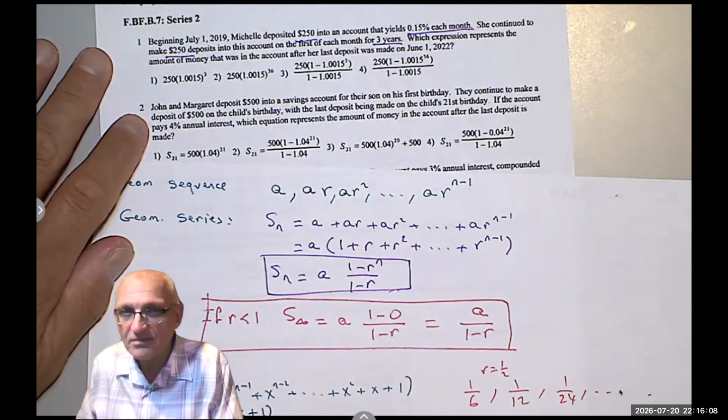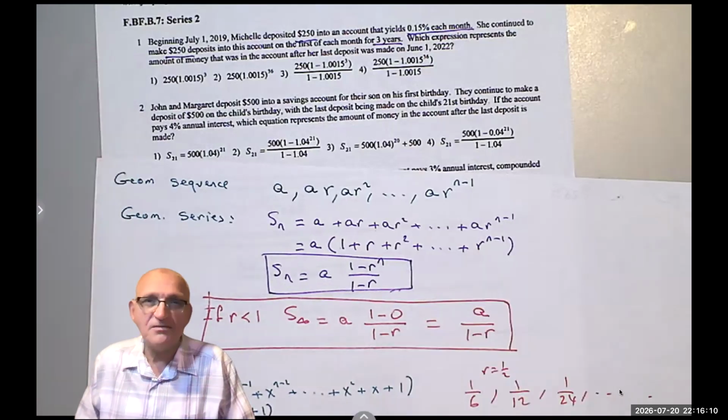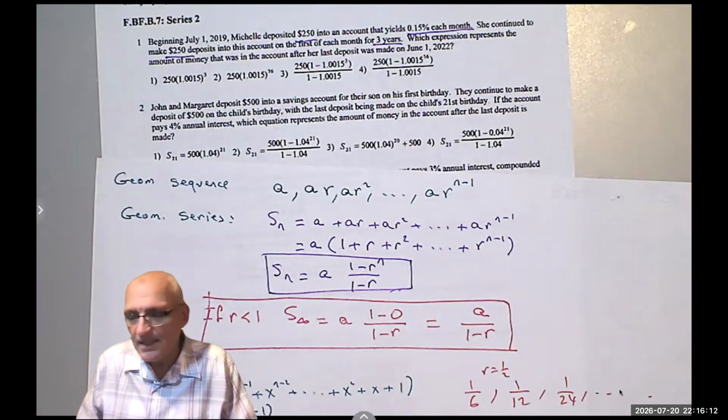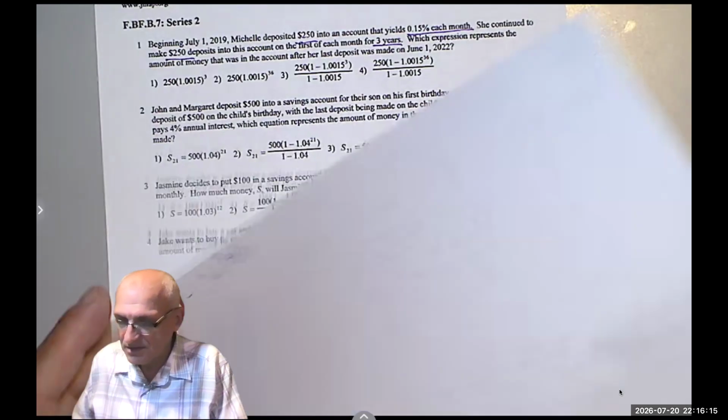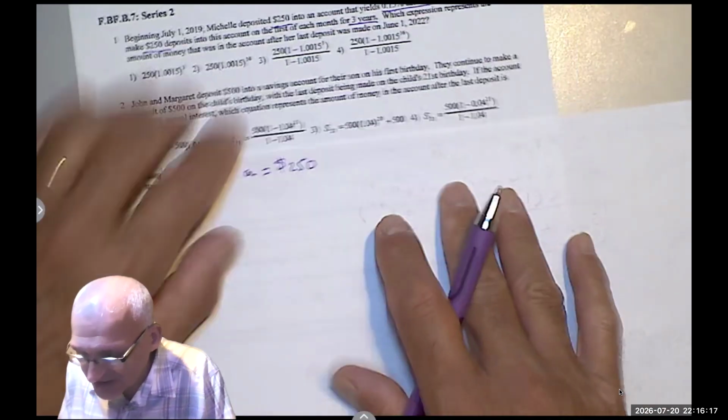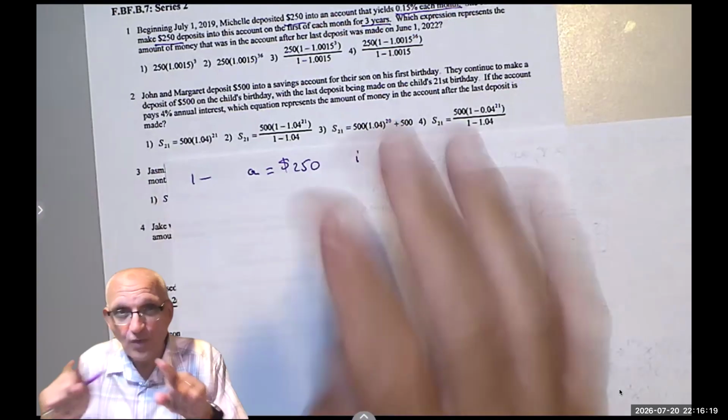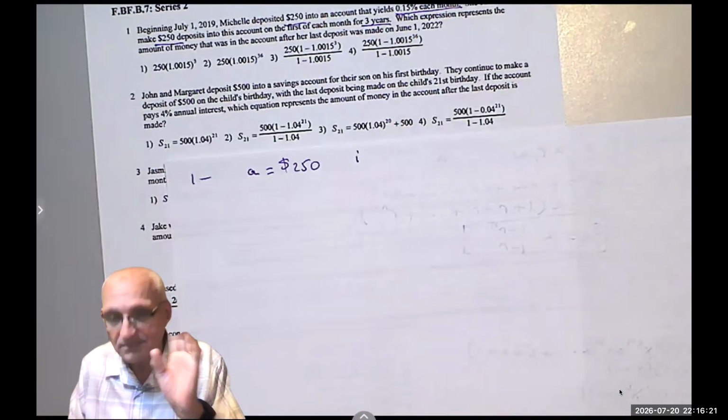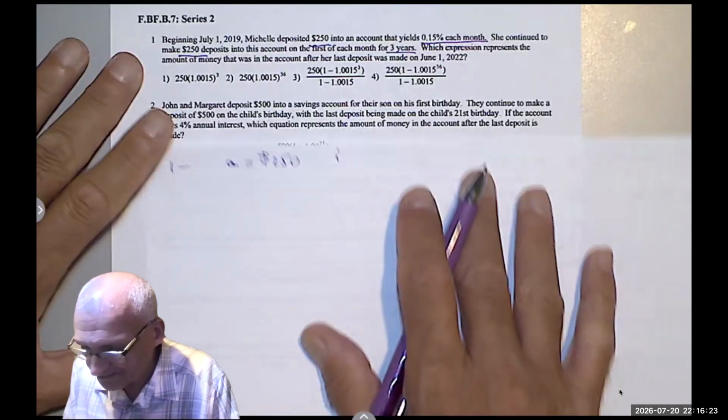So what's the problem? These two R's are not the same. What? I prefer to call the interest I, so I don't confuse the I with the R. And I will explain it to you in a second.